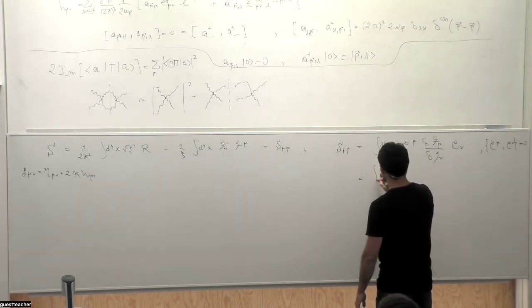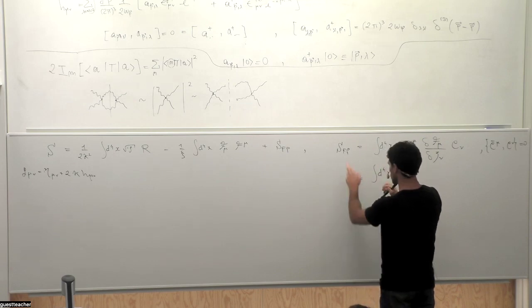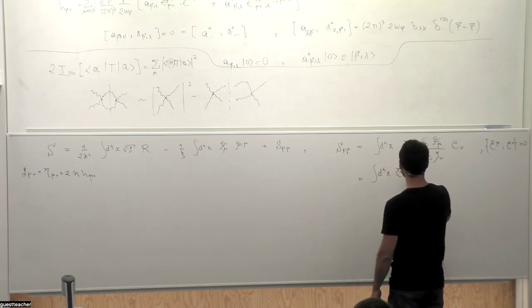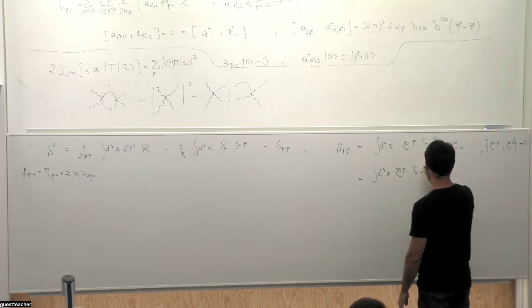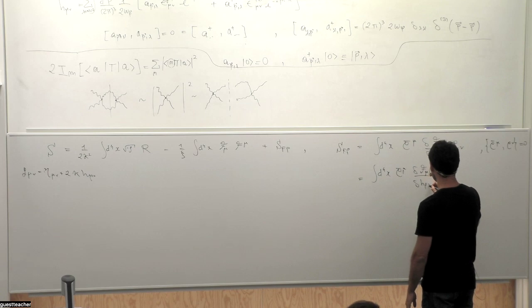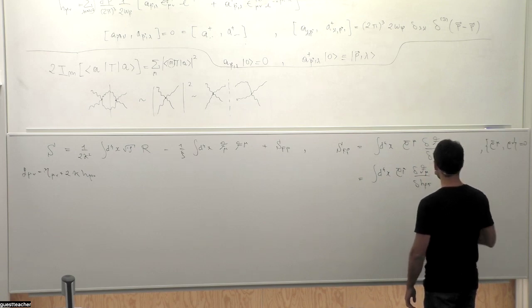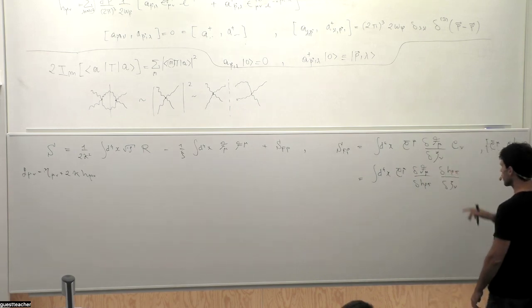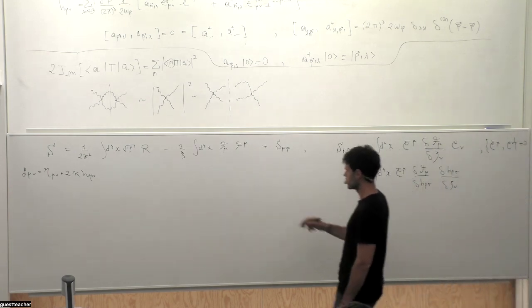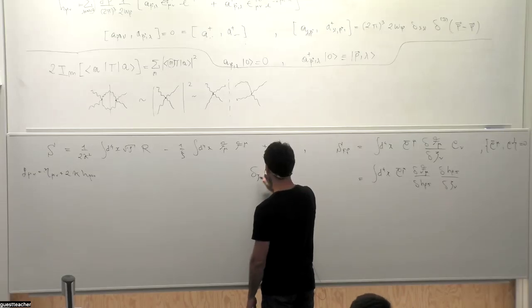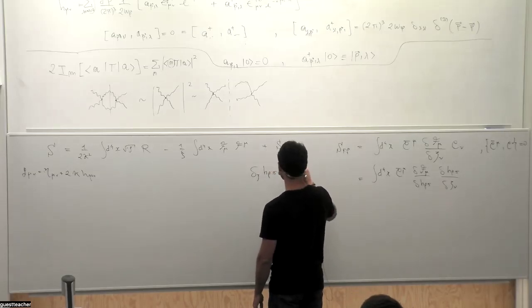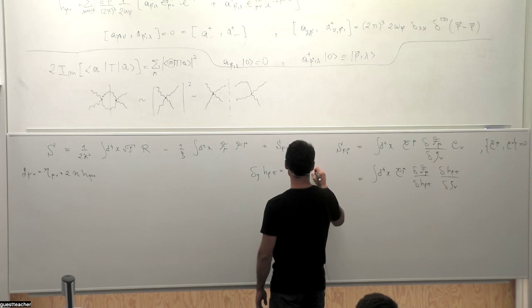First of all, we can write the action for them in a more suitable form, using the chain rule here. We can write something like this. And remember the gauge transformation for this object was something like this.